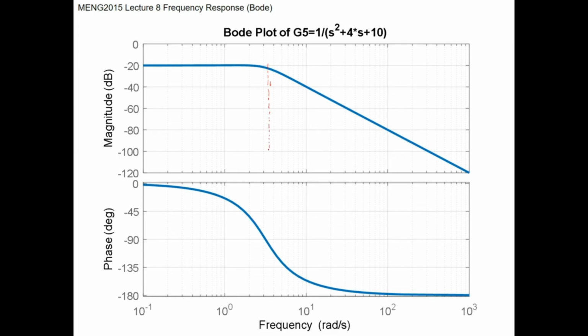So this is 1, 10, 100. You can see between 3 and 4, the slope changes. It goes from a steady minus 20 decibels, and then over 1 decade you're going down minus 40 decibels per decade.